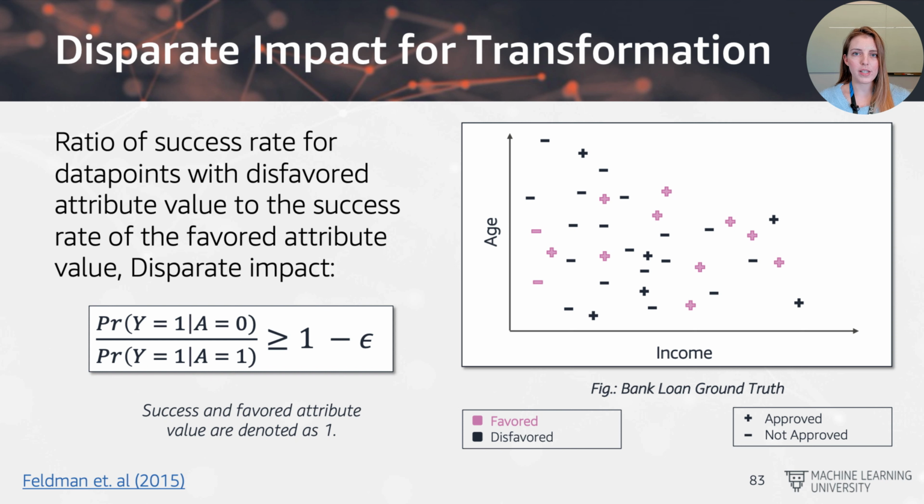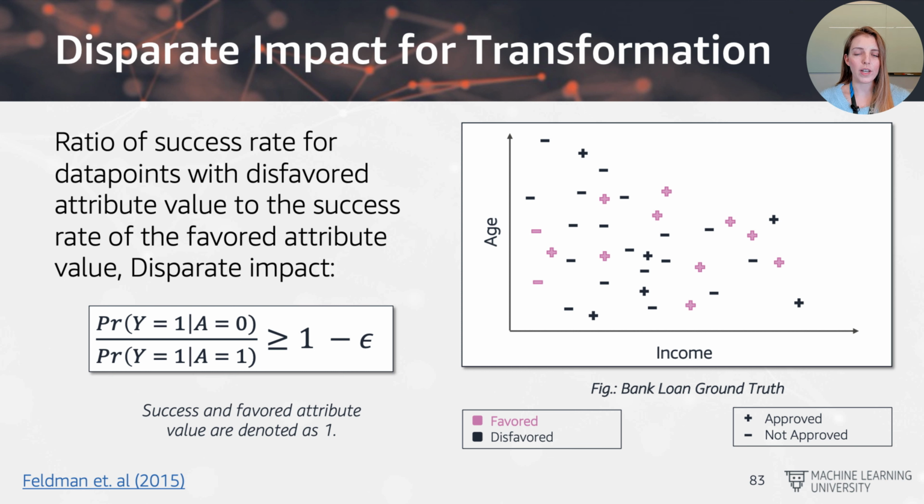The final pre-processing method that we want to look at is the so-called disparate impact remover, and it's actually going back to the independence or separation criteria once again, where we said we can rearrange these probability values and form a ratio, and that gives us the so-called disparate impact metric. What we have here on the right-hand side is once again a classification example with 2 features, age and income, and you see denoted as plus or positive all the approved outcomes, and minus or negative are the denied outcomes.